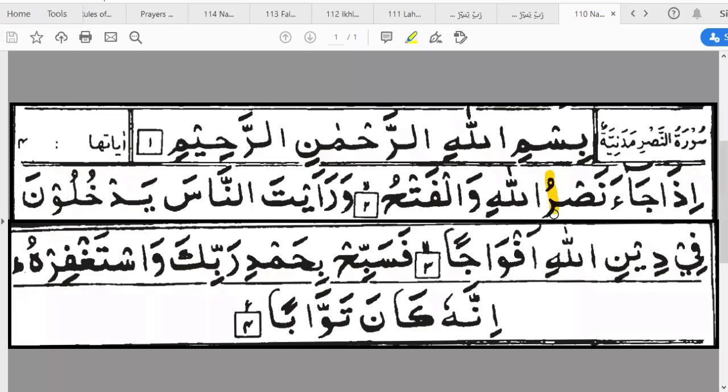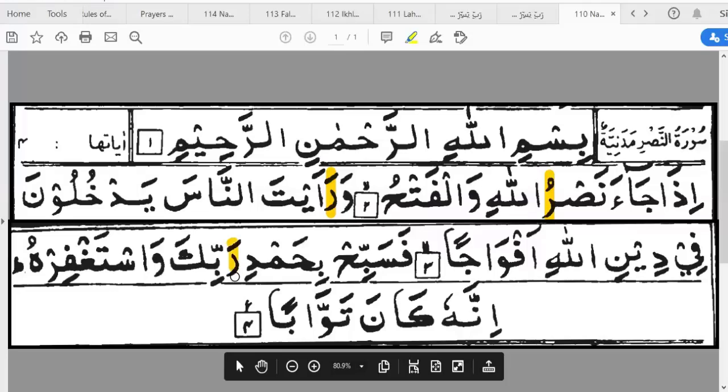As you can see over here, we have letter Ra with a dhamma stroke. So this Ra is going to be a thick and heavy Ra. Along with that, over here we have Ra with a fatha, and before that there is waw with a fatha. So again, a thick and heavy Ra.